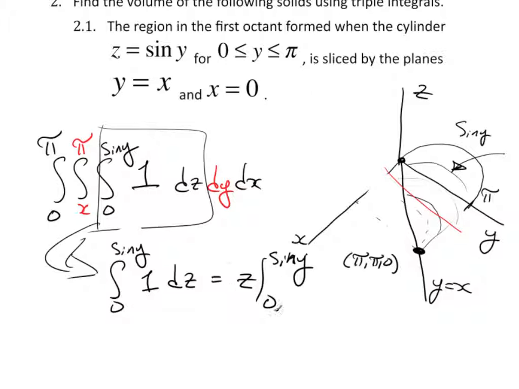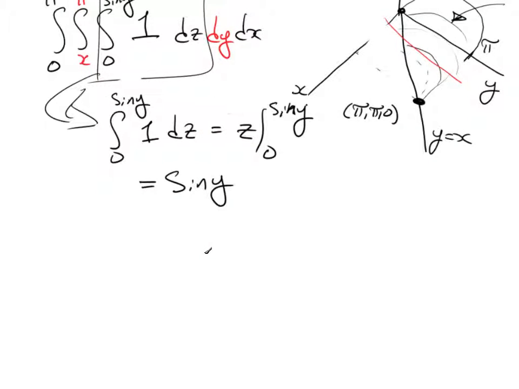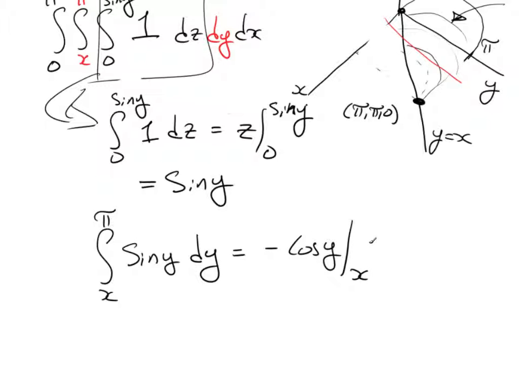So the inner integral is z evaluated from 0 to sine y, which is simply sine y. Integrating that in y gives negative cosine y, so I'm going to pull this negative out here: cosine of pi, which is negative 1, minus cosine of x.